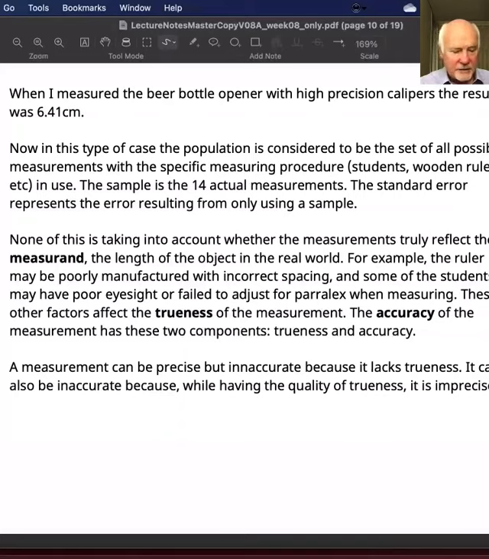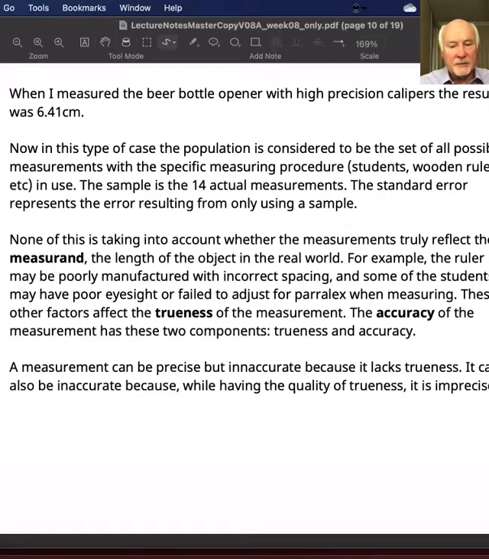To summarize the story there, the accuracy of a measurement is made up of two components. One is the trueness: is the measurement actually measuring the measurand it claims to be measuring? The other is precision, and precision is what we measure with standard error.